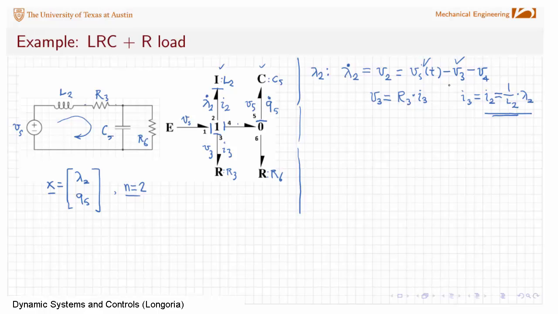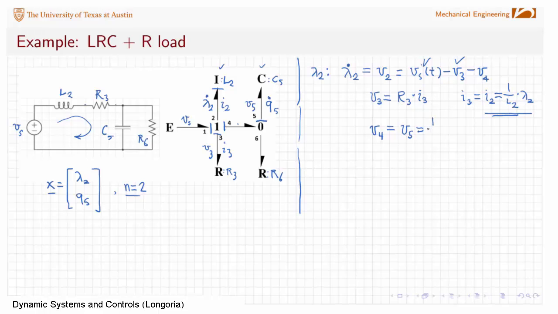Finally, V4. Where is V4 coming from? Read the causality. V4 is the effort coming from the zero junction. Now, which bond of these three is determining the effort at that zero junction? It's not these two. These are determining flows. It's this one, right? It's coming from the capacitor. So V4 causally is equal to V5, which is what?